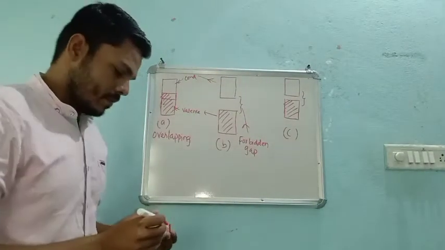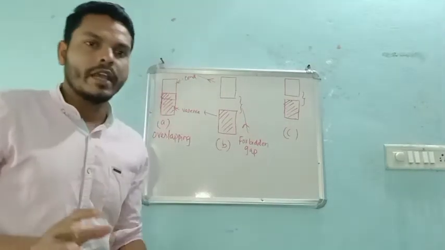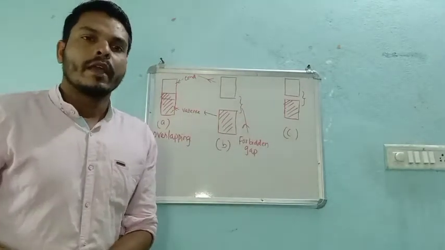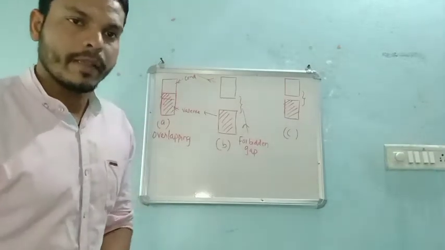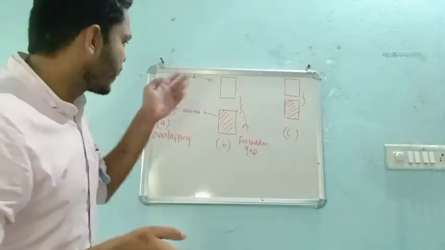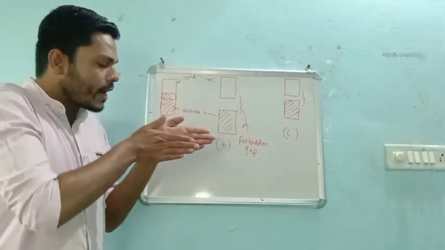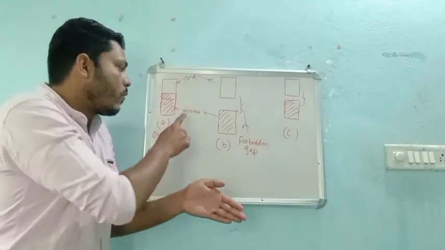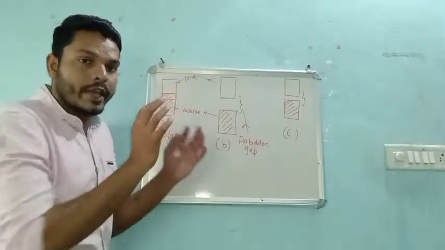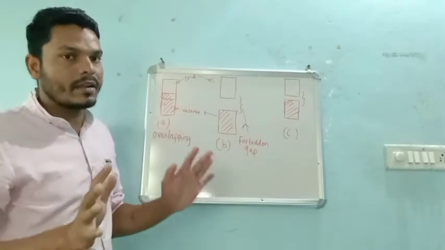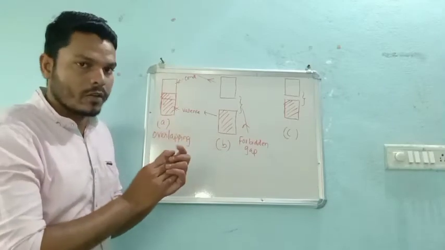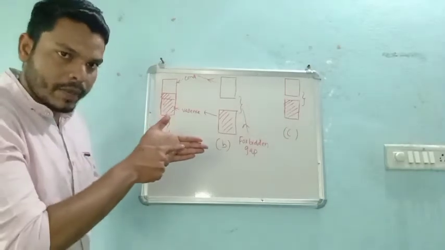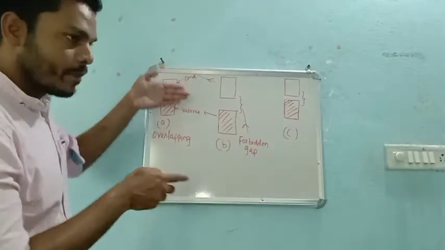Now see here, these are the three arrangements we can see in the case of solids. If a solid has its conduction band and valence band overlapping, then, very important, the valence band is where the electrons are present. The conduction band is where there is no electron.